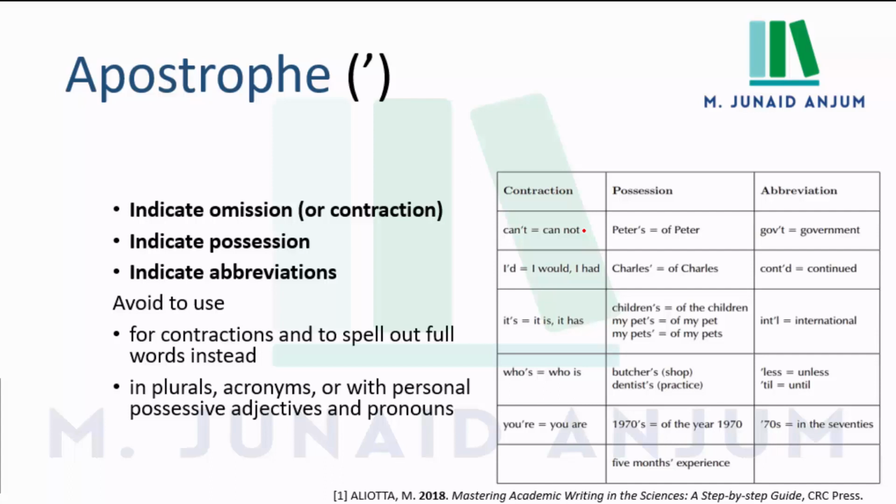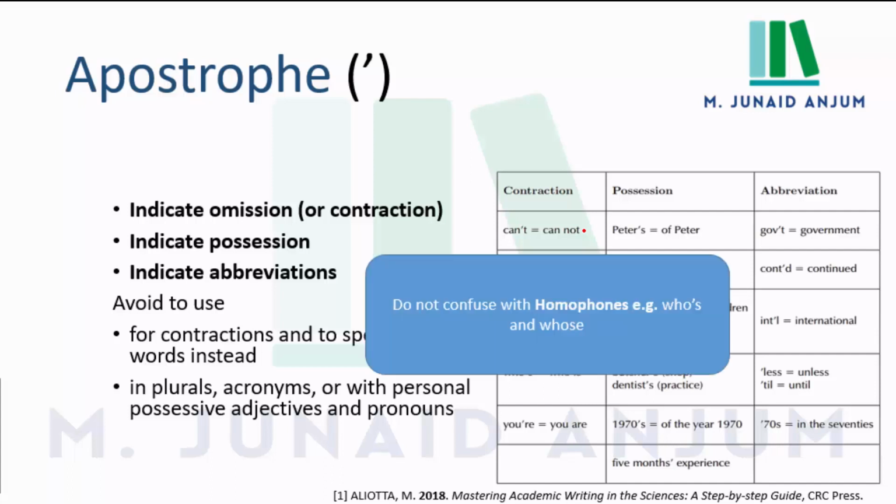These are examples of some apostrophe uses and their contractions. If you are using it for possession or abbreviation, keep these things in mind. If you are writing a formal article, you should avoid the apostrophe and write the full form. Do not confuse the homophones who's and whose. You can see that their pronunciation is the same but their spelling and meanings are different.